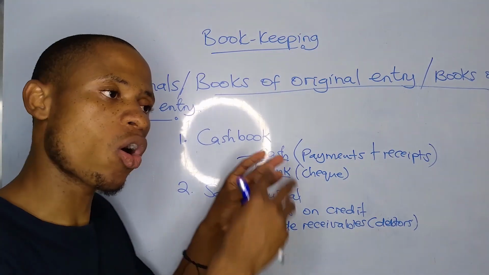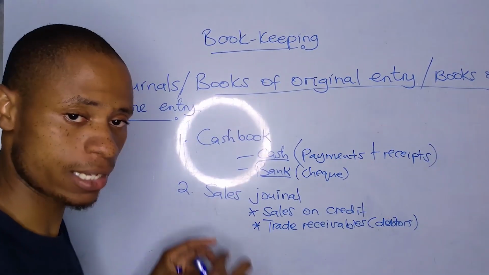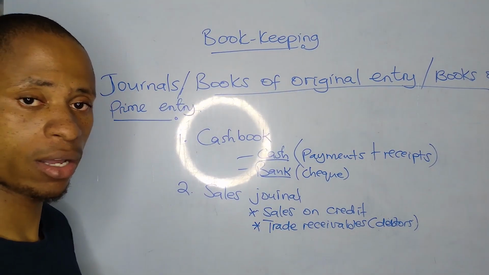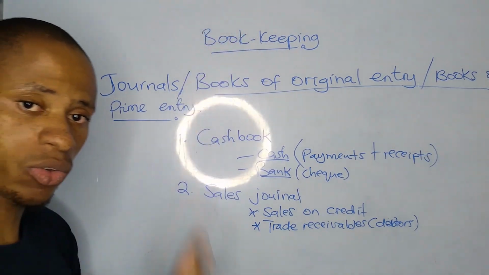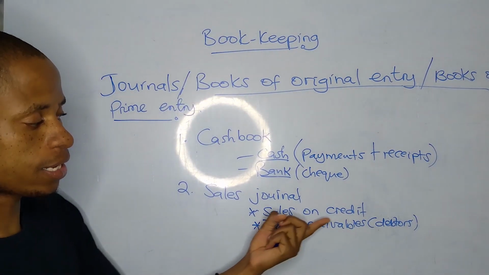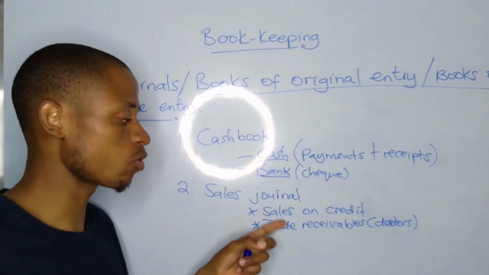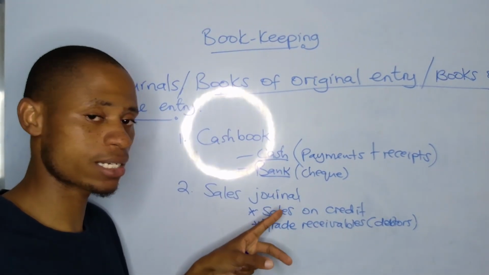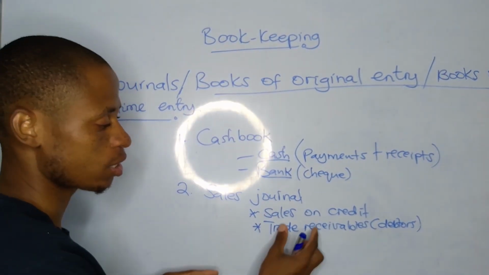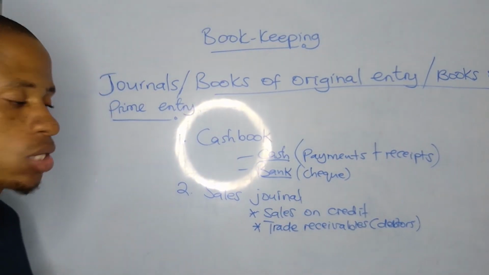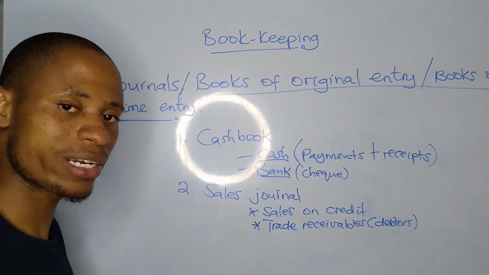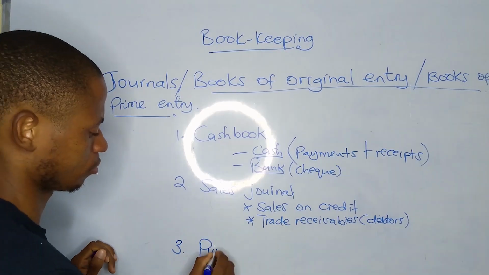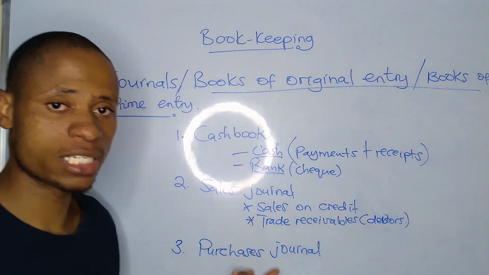We list all the dates in chronological order, from the beginning of the year to the end of the year, and then all the names of those customers who bought goods on credit. So the sales journal is also a trade receivables journal, whereby all the trade receivables are found.